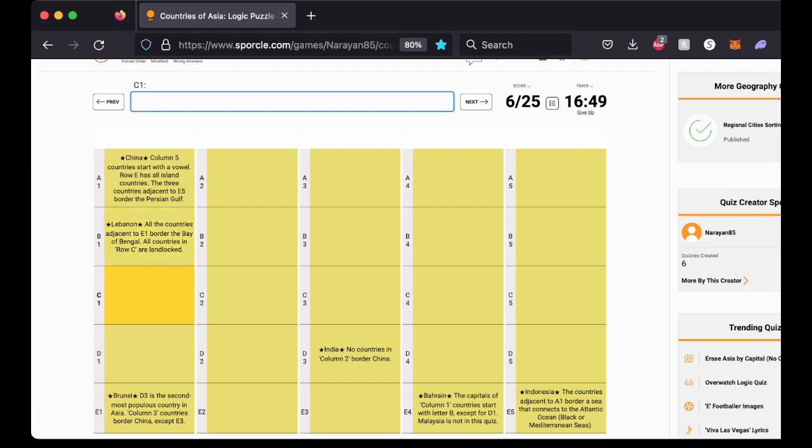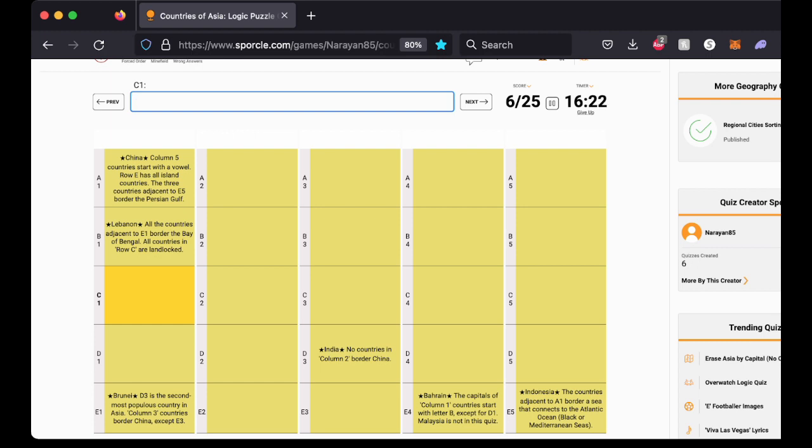Alright. All countries adjacent to E1 border the Bay of Bengal. All countries in row C are landlocked. So, a landlocked country, well, that could be Uzbekistan or Afghanistan. I can't really guess for C5 yet. Okay.